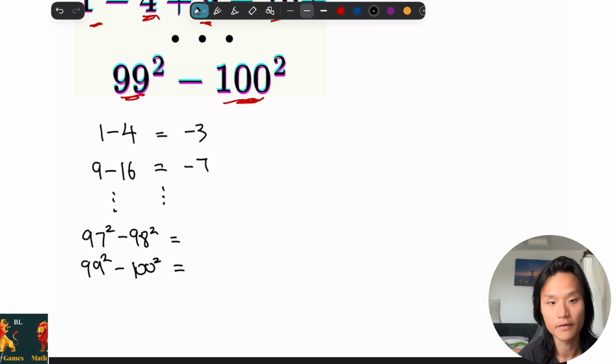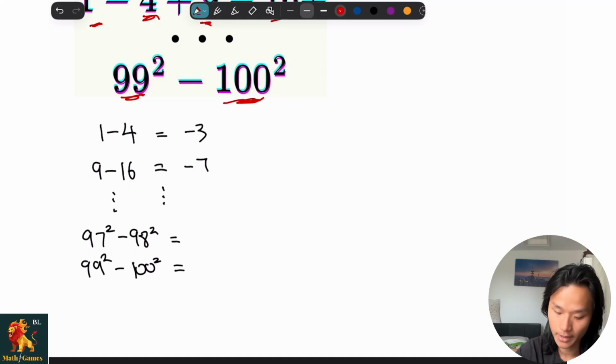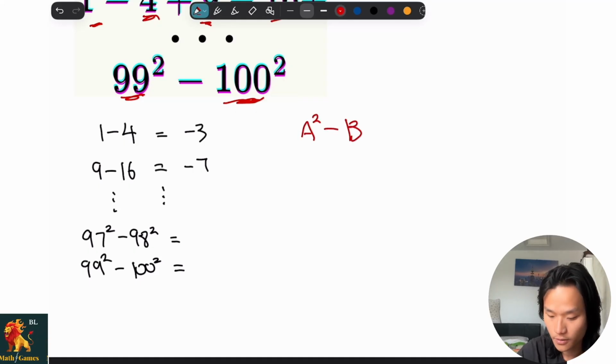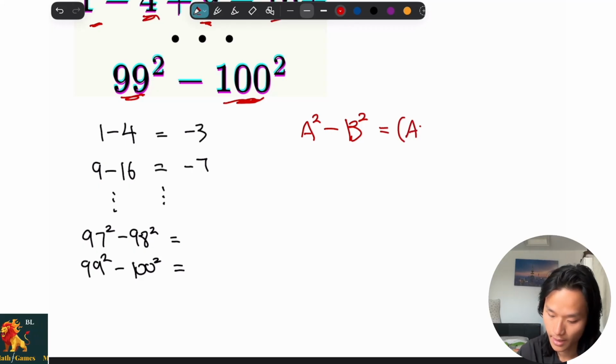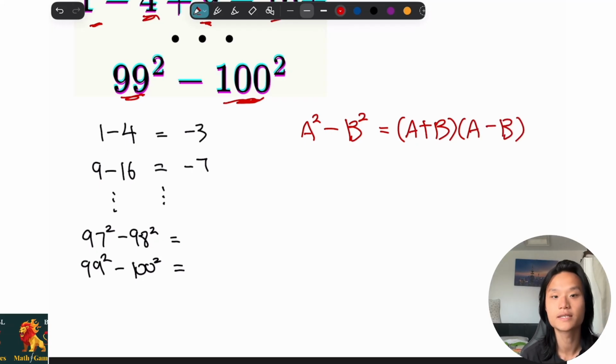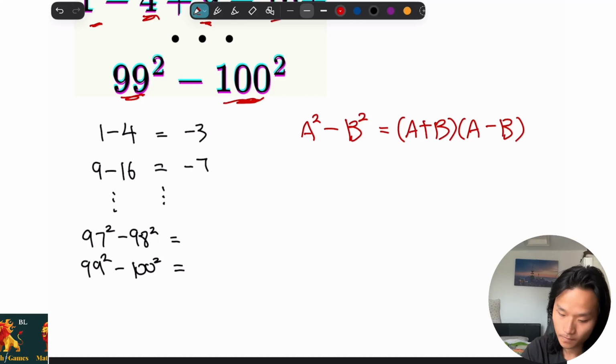Instead of finding each individual value by squaring them and subtracting the other one, we can use a formula, which is the difference of 2 squares. So a squared minus b squared, that is just a plus b multiplied by a minus b. So this is a very useful formula because now we can apply it.